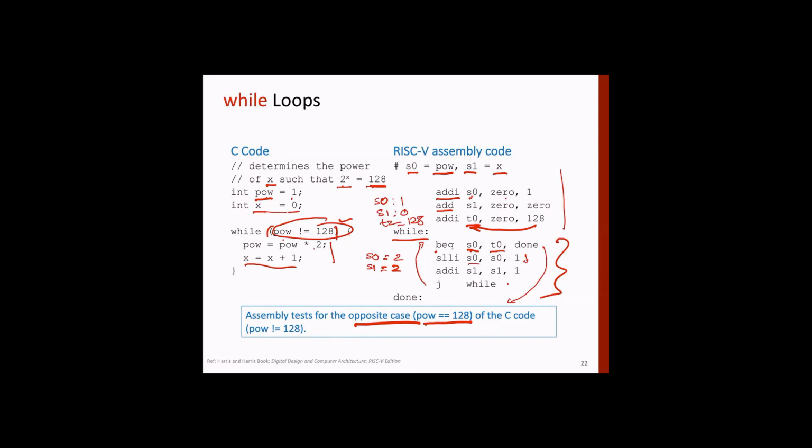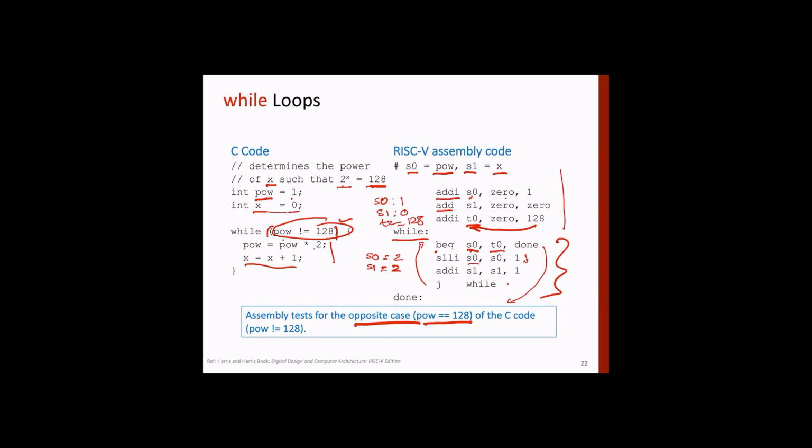Is there any advantage of using jump, like we can execute just jump instead of branch equal to? Try doing that. This is one example, try doing this. But in general, if we use jump in assembly, how can you do it?